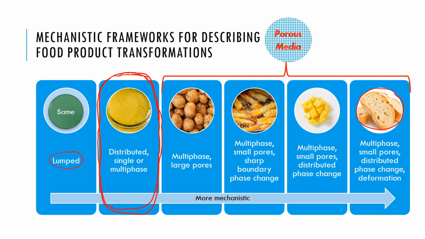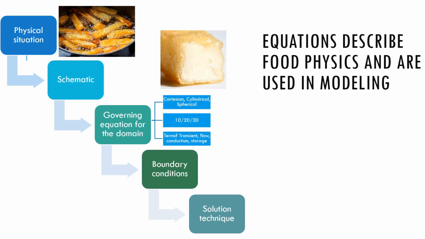We need to go for the more complex multi-phase porous media framework that is described in our follow-up module or course. So this is extremely good and still can be improved in more complex multi-phase porous media models.